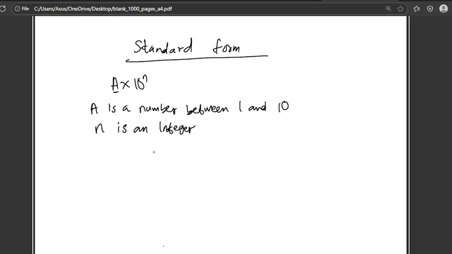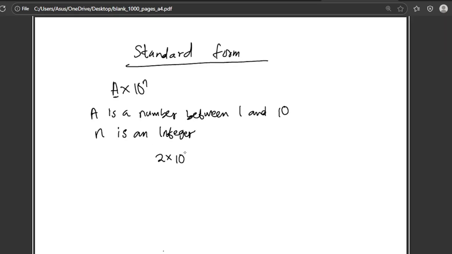For example, if we have 2 times 10 to the power 2, this number is in standard form. Why? You can see that the number here, 2, is between 1 and 10, and the power 2 is an integer. What is an integer? An integer is a positive or negative whole number, including 0.